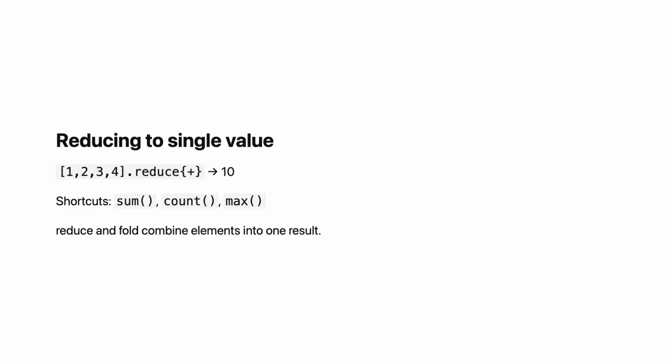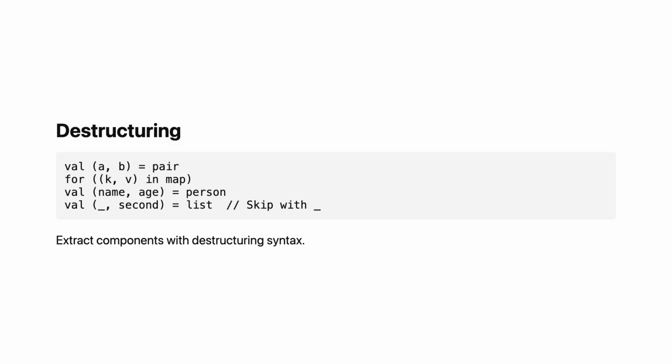Use fold when the result type differs from the element type. Of course, numbers.sum() is cleaner than reduce for addition. first with a condition and last with a condition find specific elements.